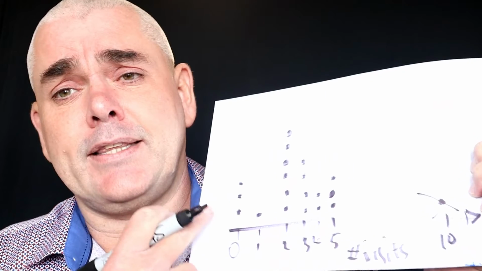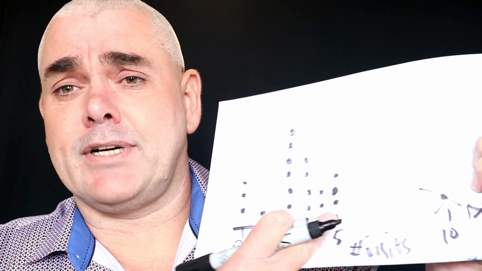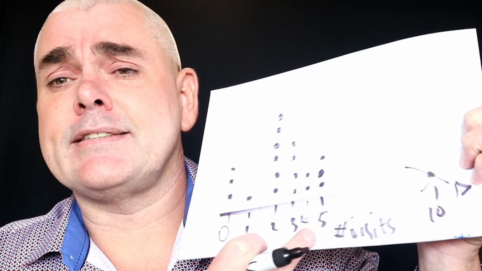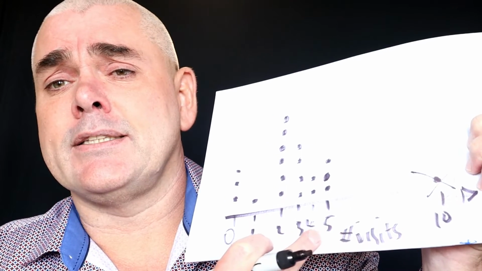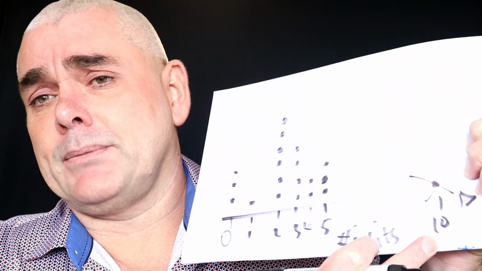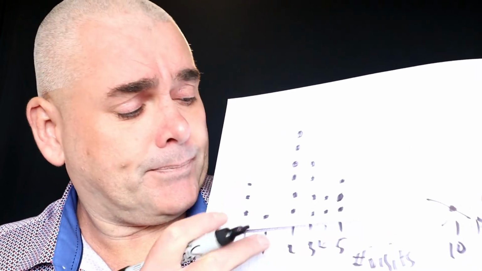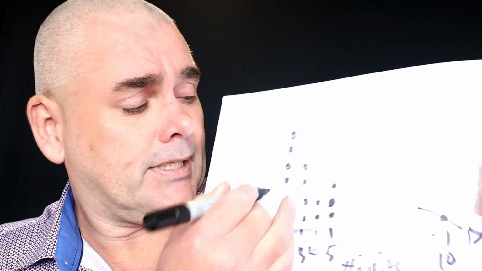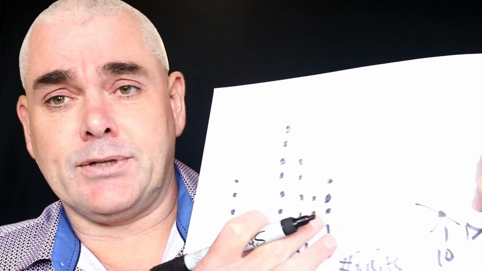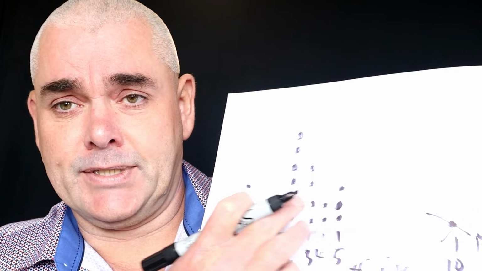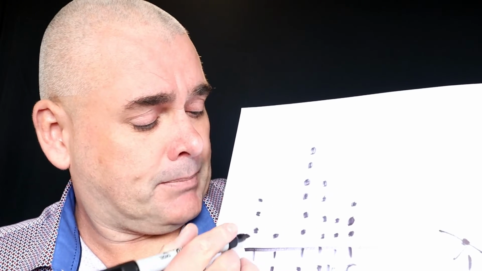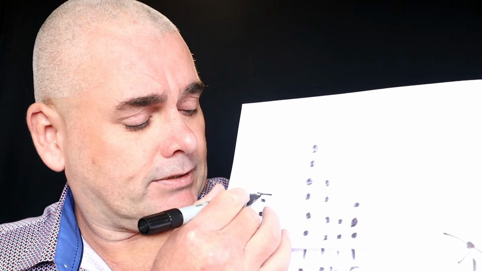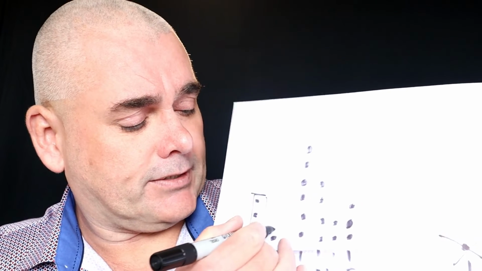The other thing I want you to notice, this is my really rough sketch. I've included the axis down here and labelled it number of visits to the doctor. The other thing I tried to do is make my dots all sort of in the same position, because I can then quickly turn this into a bar graph.